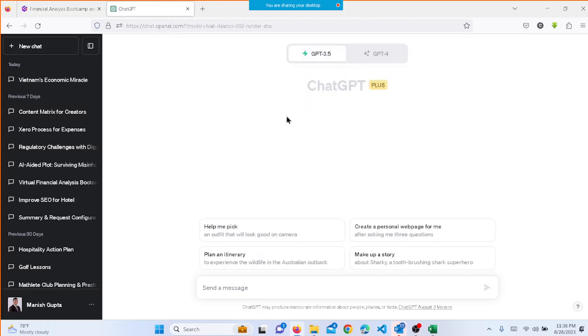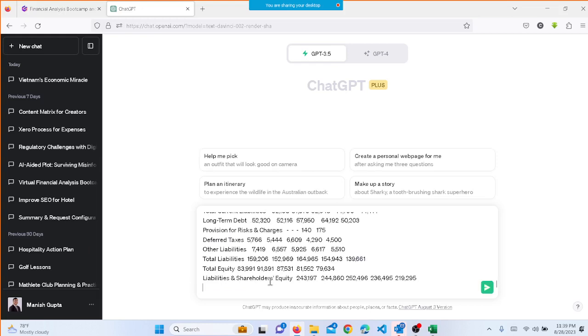If you don't have a paid version, by default GPT 3.5 will be active for you, so you can use this as well. Sometimes GPT 3.5 will give a restriction on the number of characters that we can copy into this, but we can try it out again. So let's say we have copy-pasted the data here.